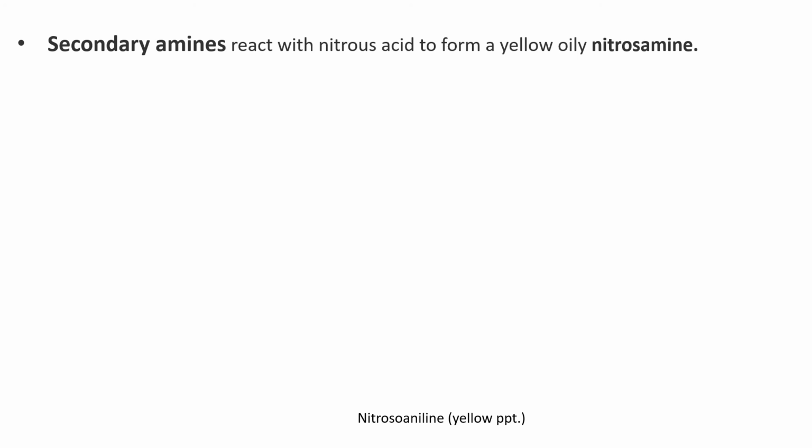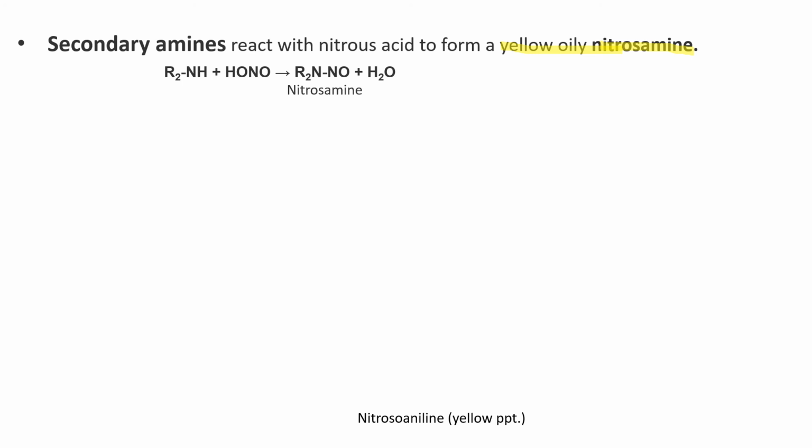Coming to the secondary amine reaction with nitrous acid, secondary amines react with nitrous acid forming nitrosamine. The compound formed is nitrosamine. It is a yellow oil kind of compound. So that is how we can differentiate between primary amines and the secondary amines.